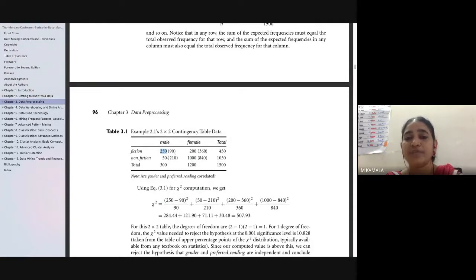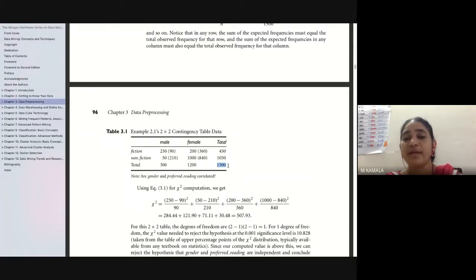Similarly, in non-fiction, 50 males and 1000 females are interested, a total of 1050. The total number of persons, the population value, is 1500.